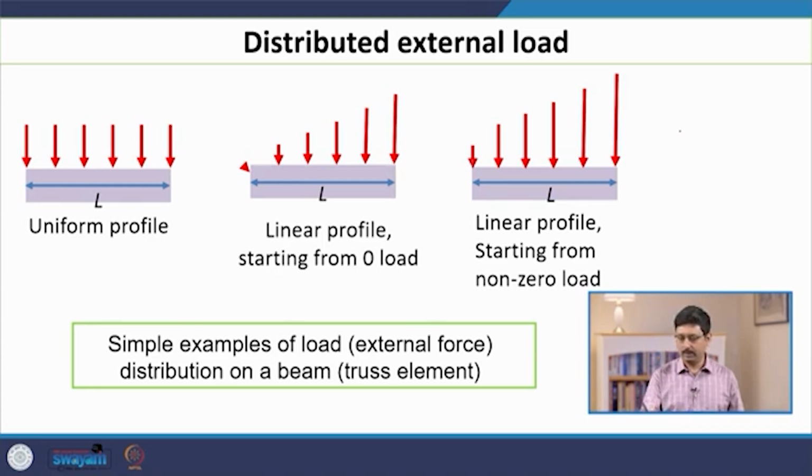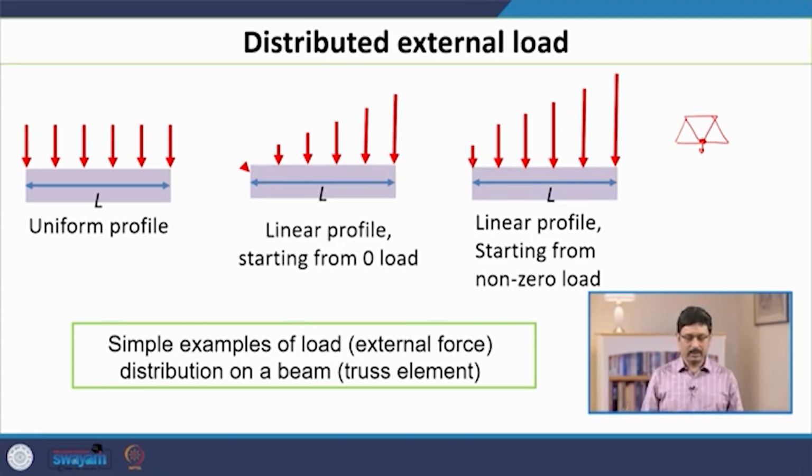For example, we had the bridge and there was a car on the bridge, and we assumed that the car is acting at one of the joints. But in many real life situations, this is not very realistic. More common perhaps will be that these external loads are distributed over a region. So, there is a distribution of external load.